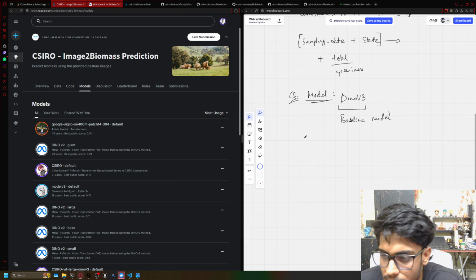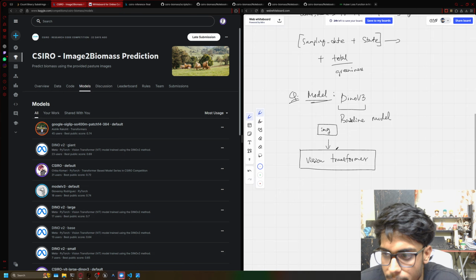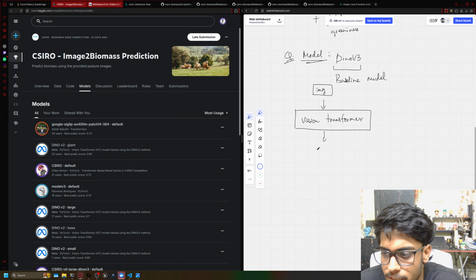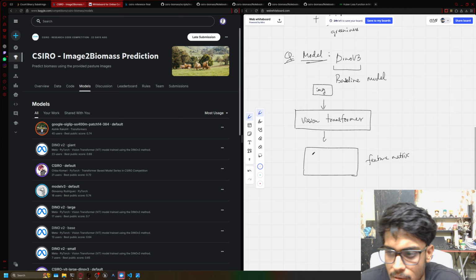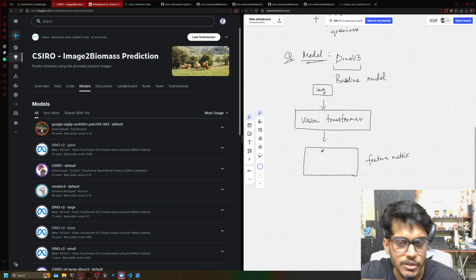It's a vision transformer model only. It takes the biomass image and gives me a feature matrix, where it divides the image into multiple tokens.